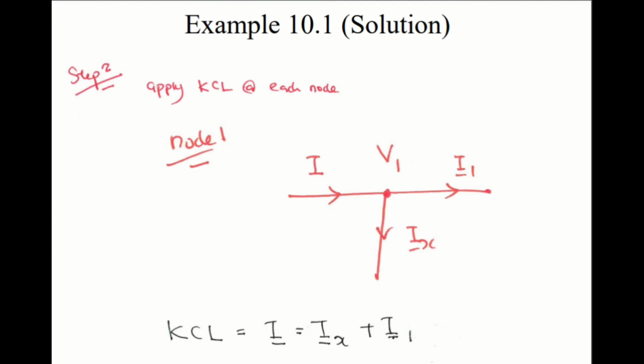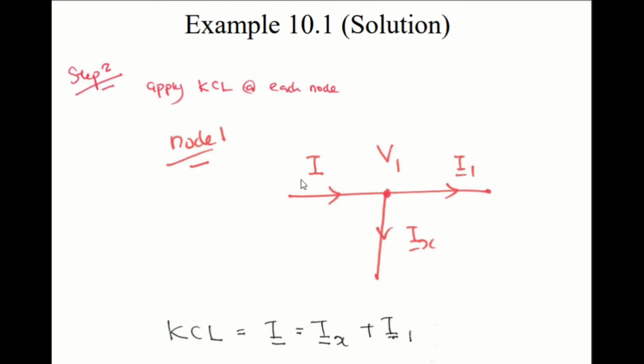So the next step is to apply KCL, Kirchhoff's current law, at each node. So let's look into node 1 first, which is V1. We have to determine the current flow. You can assume the current flow in any direction you want.